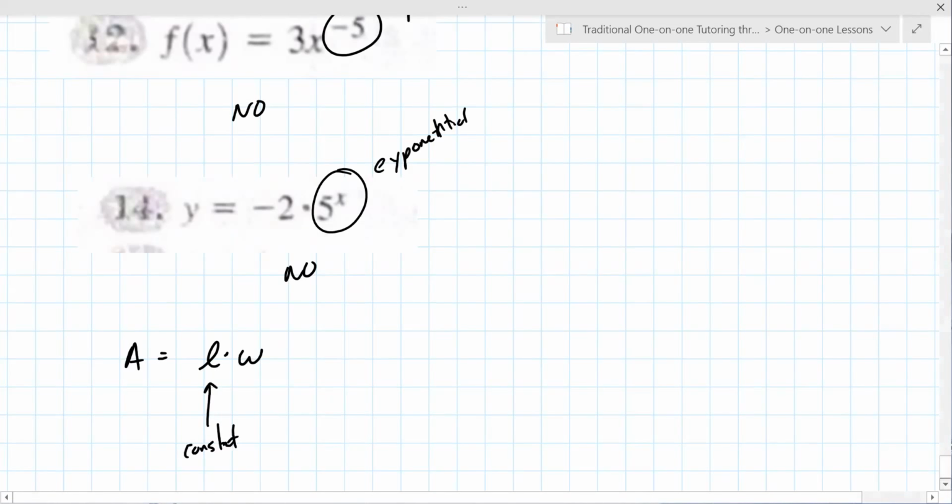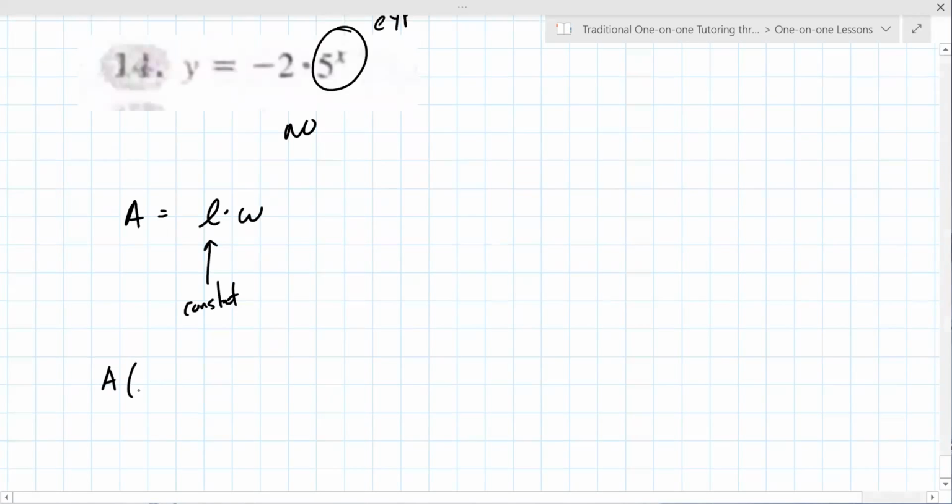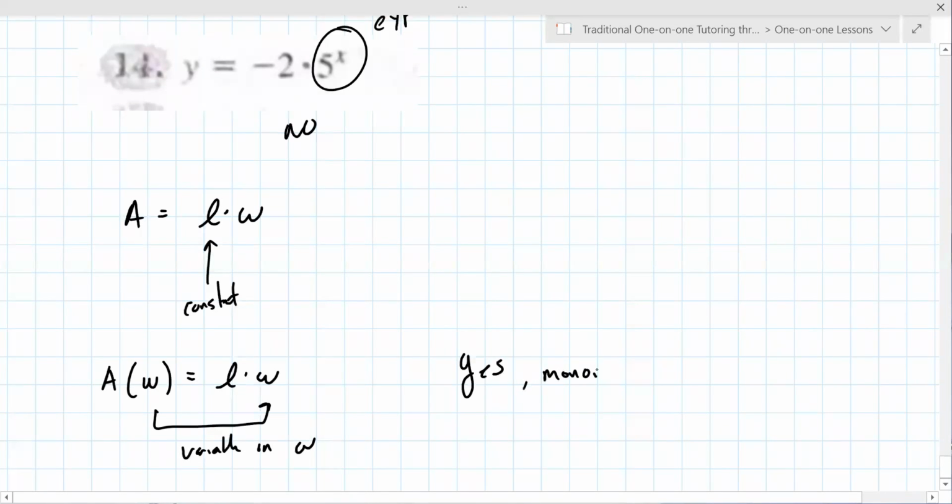So another way to write this, and this is where it's really clear, is A of W equals L times W. This tells you that it's a variable in W. So now you can answer the question. Yes, it's a monomial. Monomial means it has one term. Well, they all have one term, so it's just whether it's a monomial or not. And the leading coefficient is L.